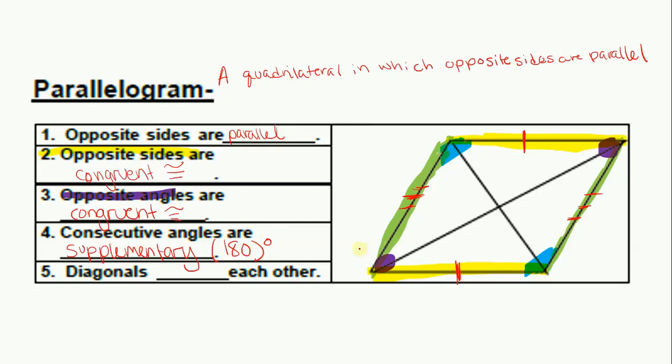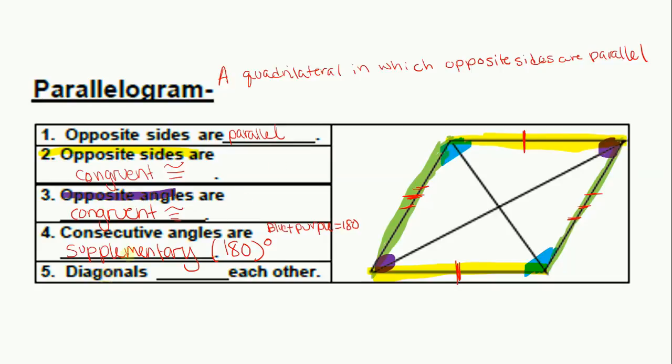Those are supplementary. So if you want to make a little note, for me it'd be blue plus purple equals 180. So these guys equal 180, these guys equal 180, these guys equal 180. So whatever colors you colored in your angles, those would be the two that equal 180.